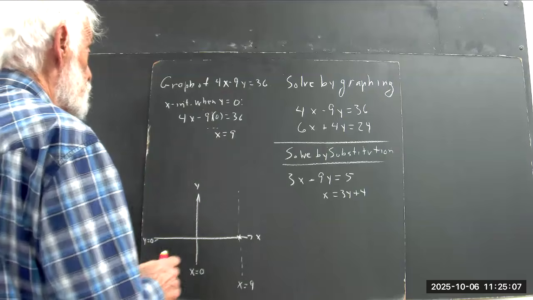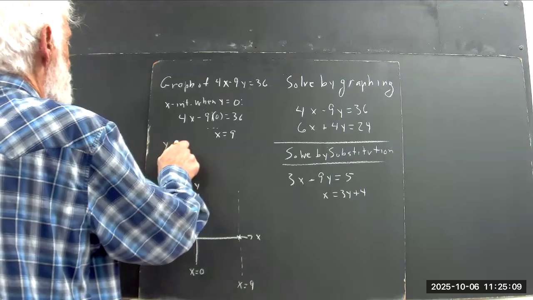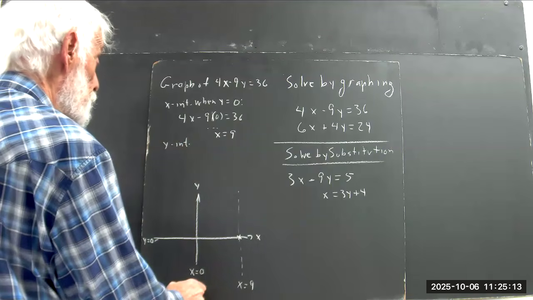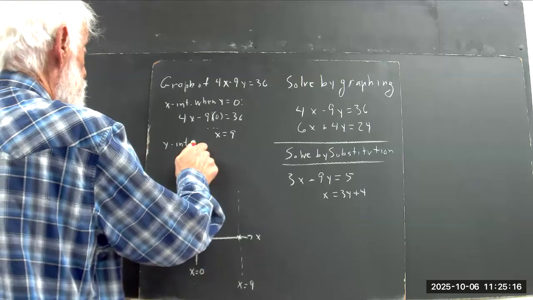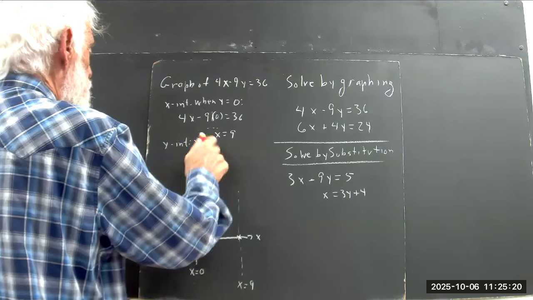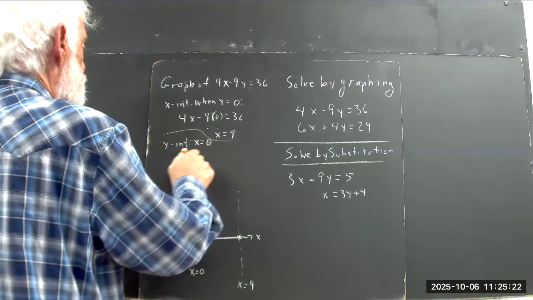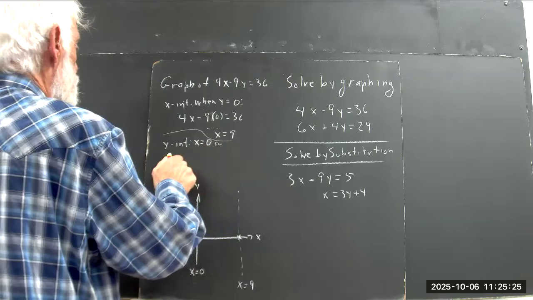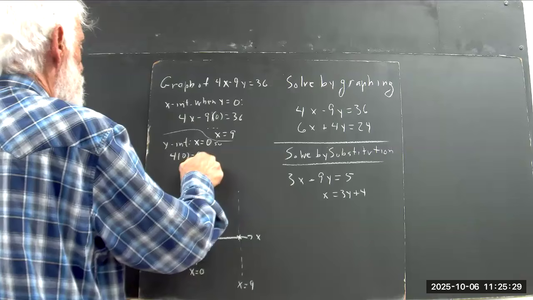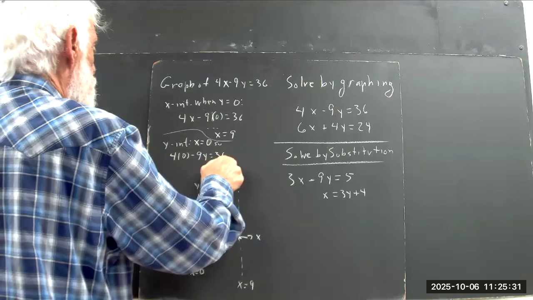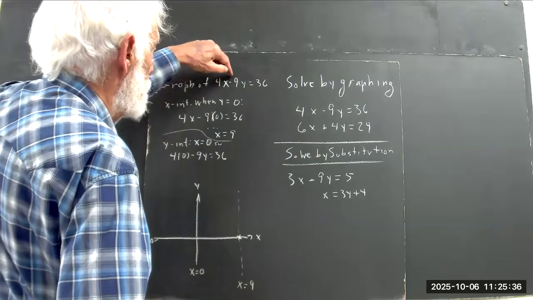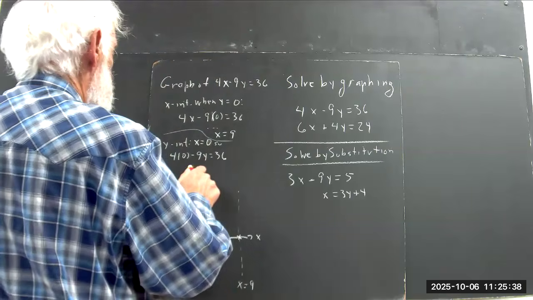The y-intercept lies on the y-axis, x equals 0 on the y-axis. So if we replace x by 0, we get 4 times 0 minus 9y equals 36.